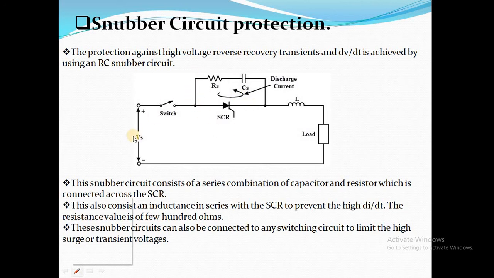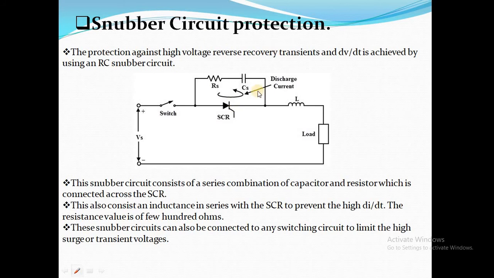As the supply increases, the capacitor goes on charging and reaches a charged voltage equal to the supply value. Once the capacitor reaches its peak value, the capacitor positive terminal gets connected to the SCR anode and the capacitor negative terminal gets connected to the cathode of the SCR.